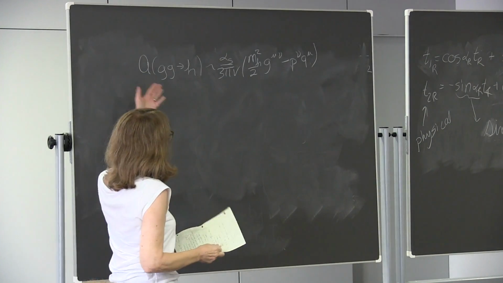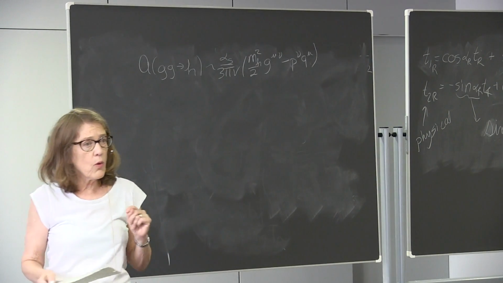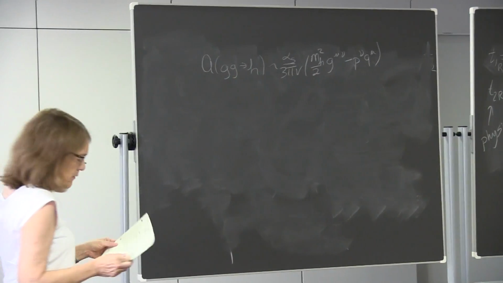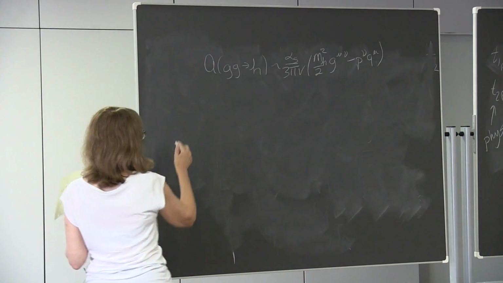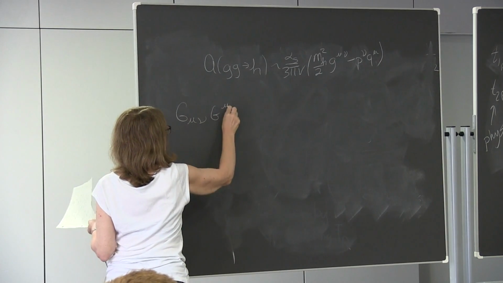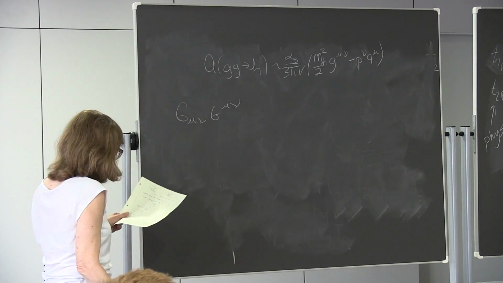So we got this amplitude, but now I want to show you that you can derive that amplitude from an effective interaction. So suppose you had an abelian term, just because I'm lazy here, G mu nu squared in your Lagrangian. What's that going to give you?